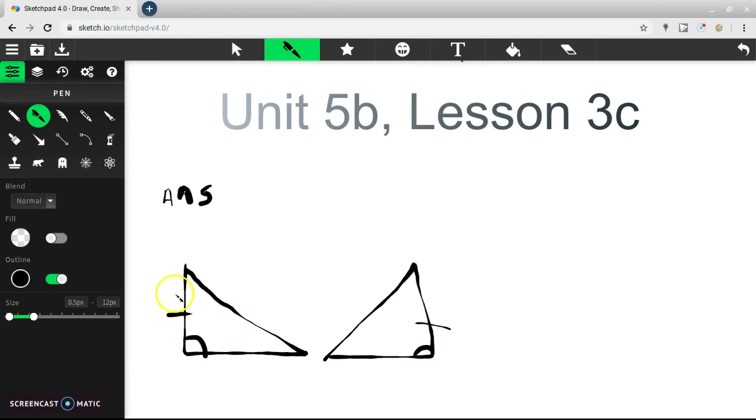If we were using the angle side angle, then the other congruent angle would be there, but this time it's here because using this theorem, it's not going to be included, and it's not. You can see it's not in between them. If it was included, it would be right here, but it's not. So that's what it is, and we can tell just from looking at that there's congruent.